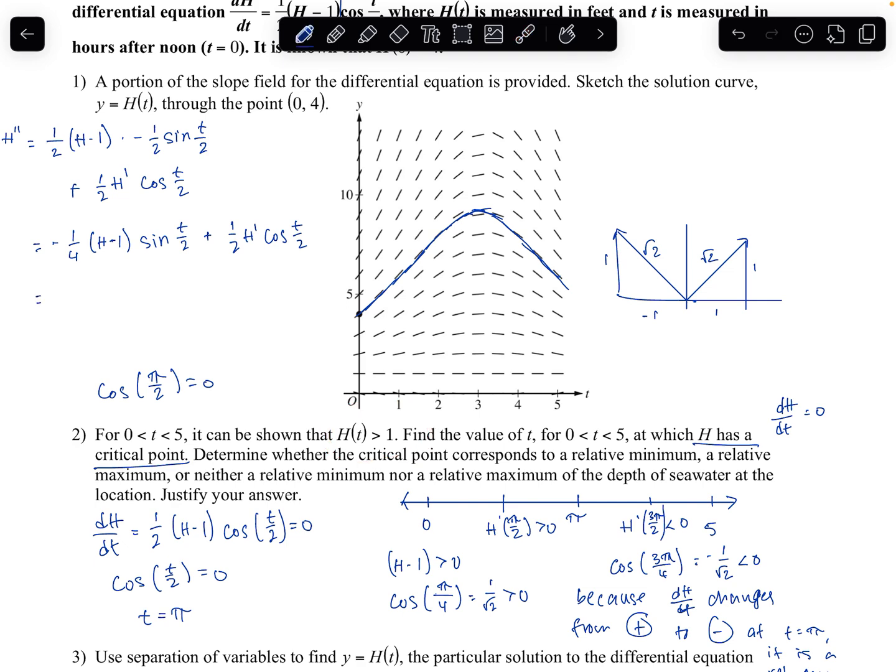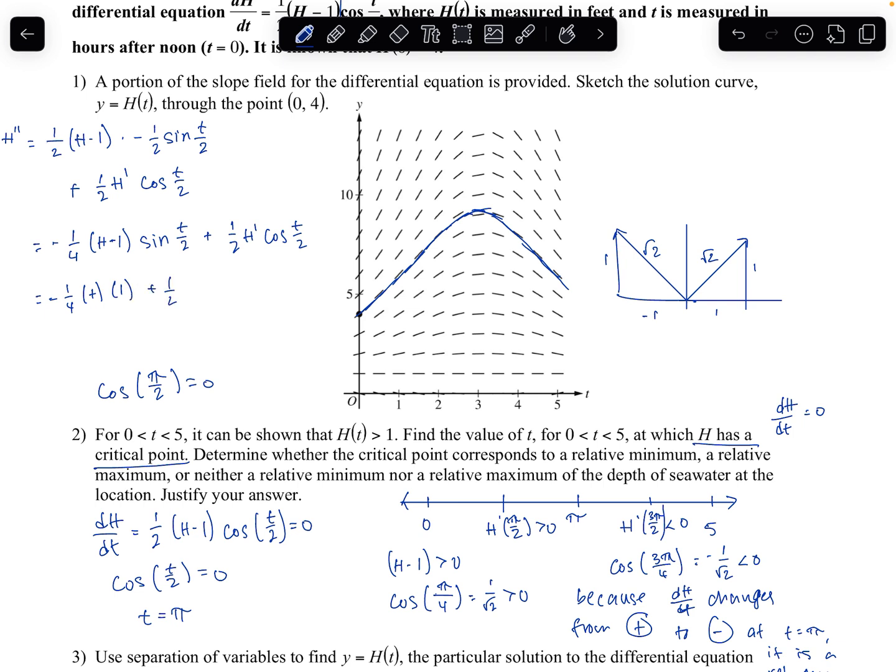So we're going to have negative 1/4 times a positive number, times sine. If I plug in pi, we get pi halves. Sine of pi halves is positive 1, so times 1.